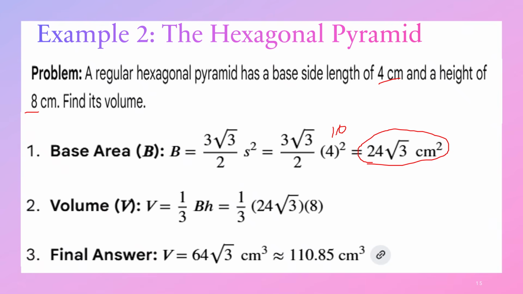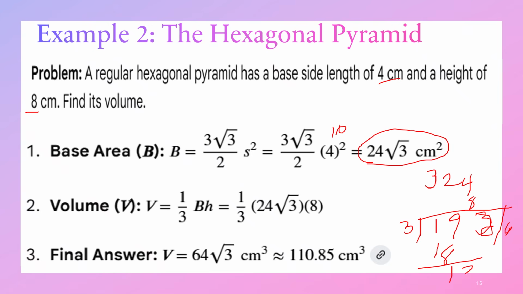So, therefore, 8 times 24 is 192. 192 divided by 3 is 64.